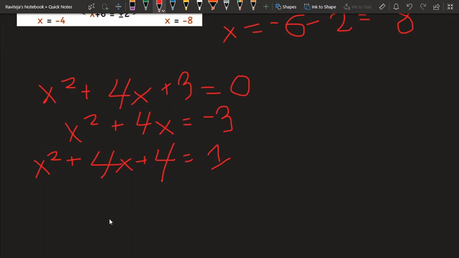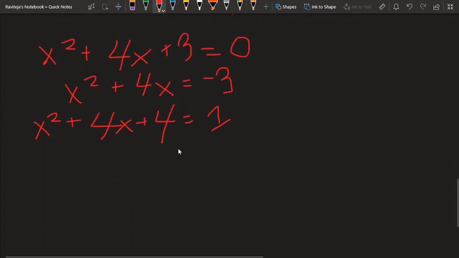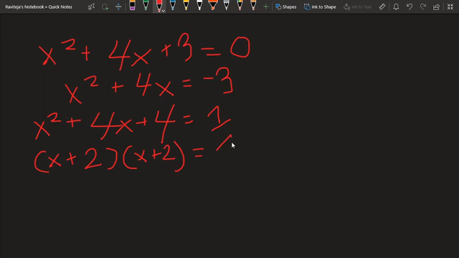Okay, now the next step, remember, is to factor this. And since it would result in a perfect square, we can just factor this to x plus 2 times x plus 2. But remember, if you do it right, it will always result in a perfect square where these two terms are the same. So if you want, you can just skip this step and combine it with the next step, which is x plus 2 squared equals 1.